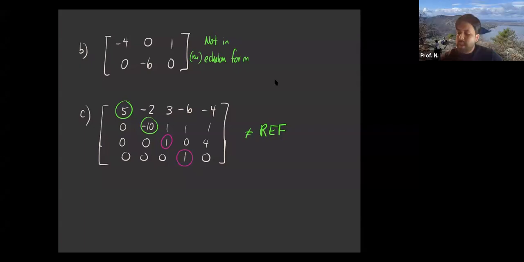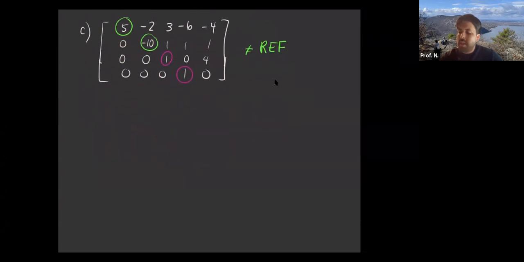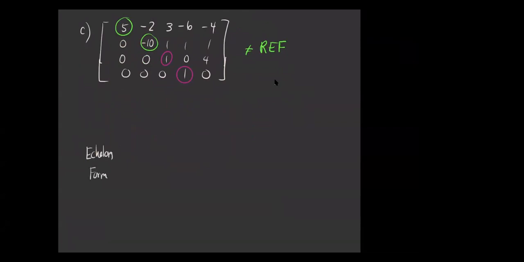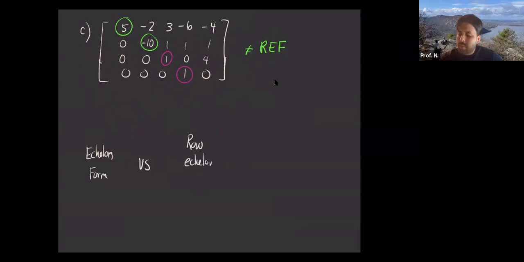Okay. So I just want to make clear there is a distinction between echelon form versus row echelon form versus row reduced echelon form. There is a difference.